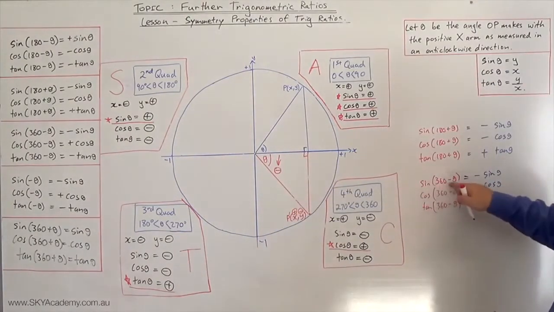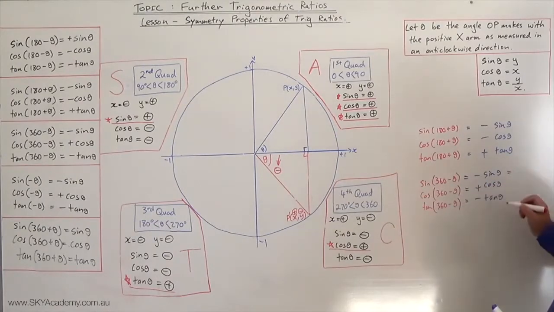So sine 360 minus theta is actually the same as sine of negative theta, cos of negative theta, tan of negative theta.